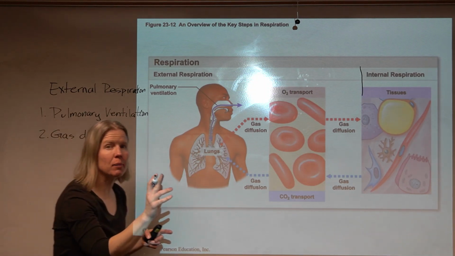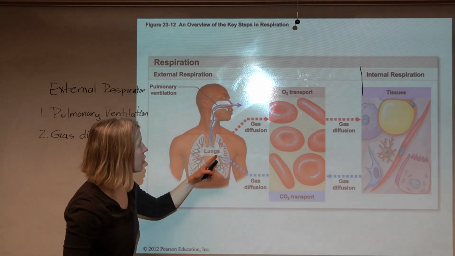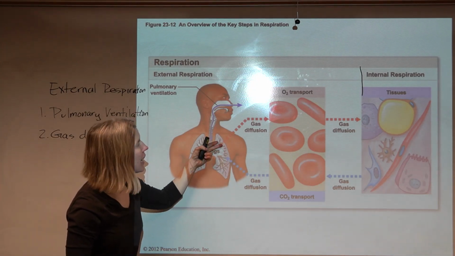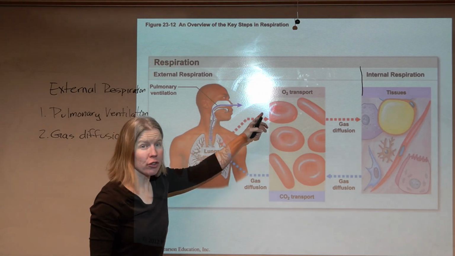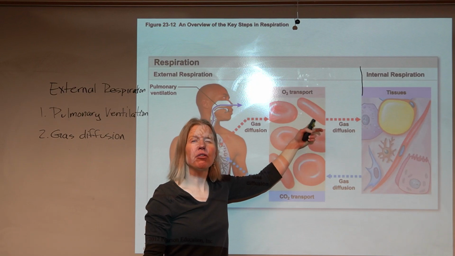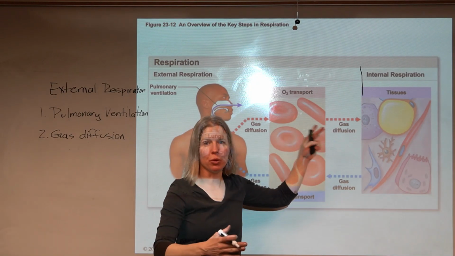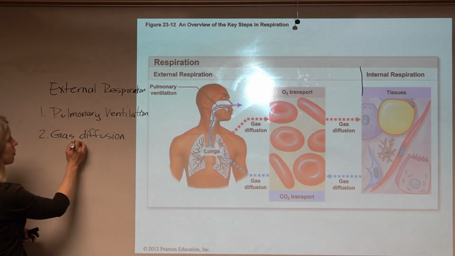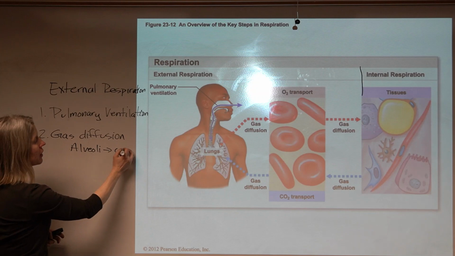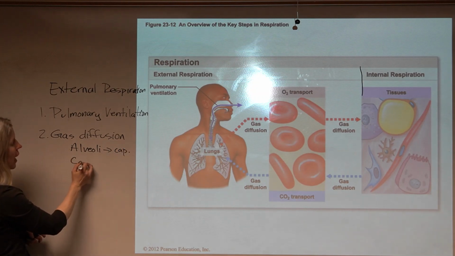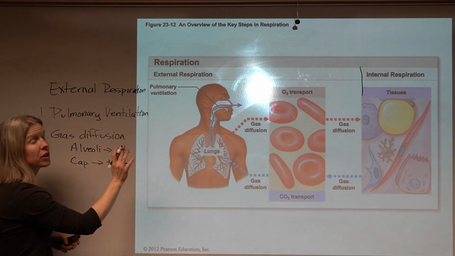And so what we're talking about in external respiration, we mean the gas diffusion from the alveoli into the bloodstream, into those capillaries, and also the gas diffusion from the bloodstream, out of the capillaries and into the tissues. So alveoli to capillaries, and then also capillaries into those tissues.